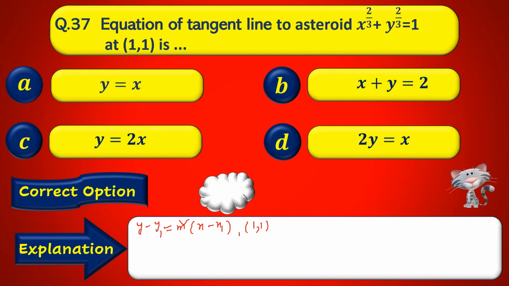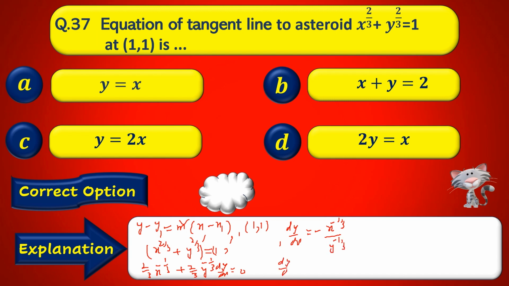We know that the first derivative gives the slope of tangent line. So we find the derivative of given astroid x^(2/3) plus y^(2/3). We take its derivative. 2/3 x^(−1/3) plus 2/3 y^(−1/3) into dy/dx. So dy/dx is equal to minus x^(−1/3) over y^(−1/3). So dy/dx can be written as minus y^(1/3) over x^(1/3).